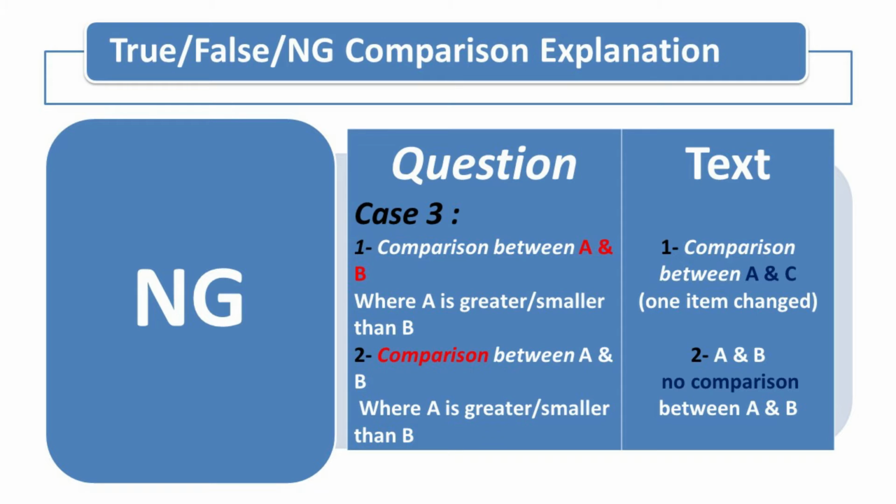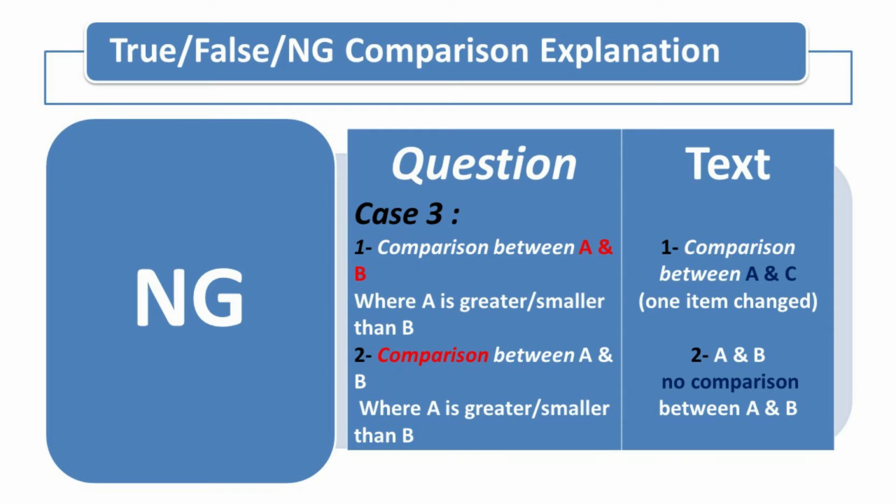In the second scenario, again, we have two items A and B, and the question says A is greater than B. Now, when you go to the text, you find that both A and B are there.